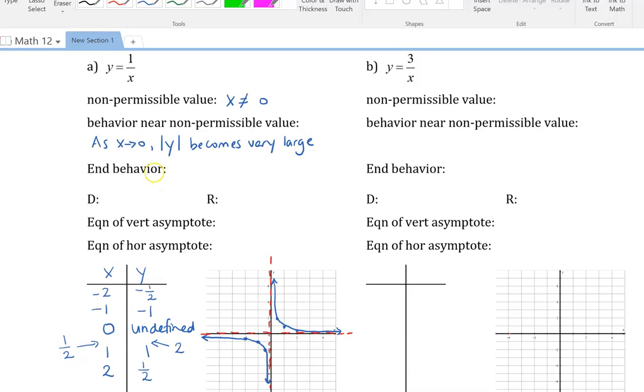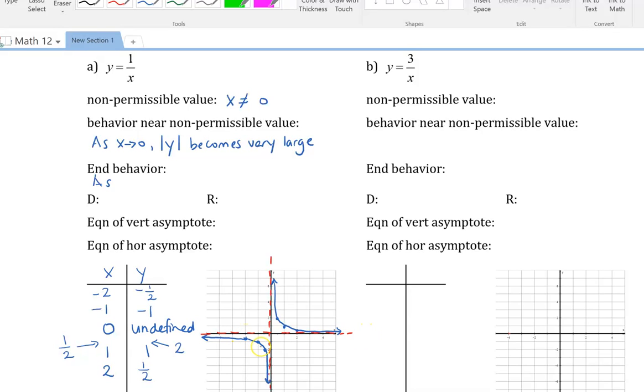The end behavior is asking what happens to the y values as x approaches the end of the graph. As x gets larger and larger, we can see that the graph is getting closer and closer to a y value of 0.